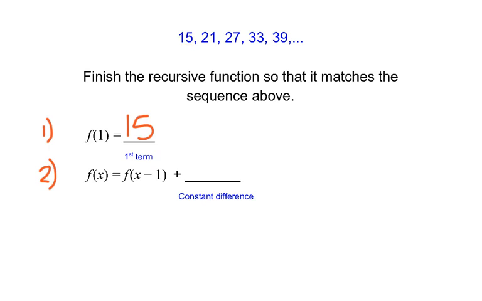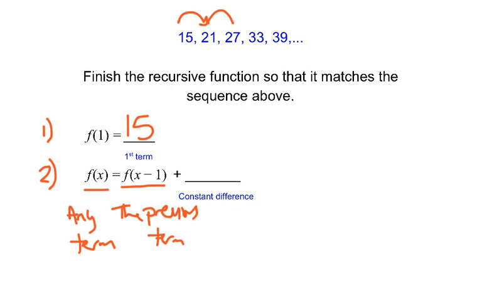Now the next part, this one's a little more complicated. So this right here, f of x, that means any term. Okay, so f of x equals, now f of x minus 1 means the previous term. These are kind of like instructions on how you're moving from one term to the next.